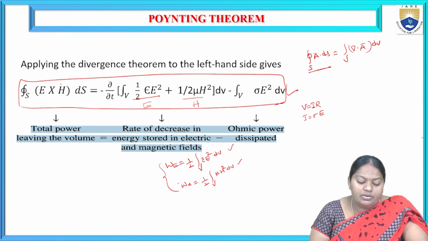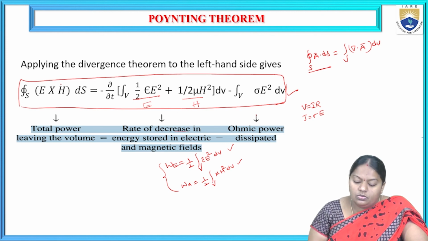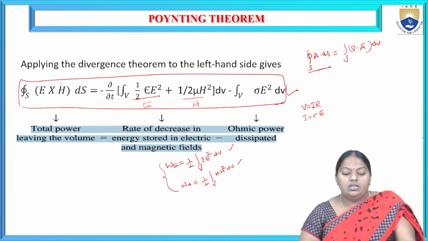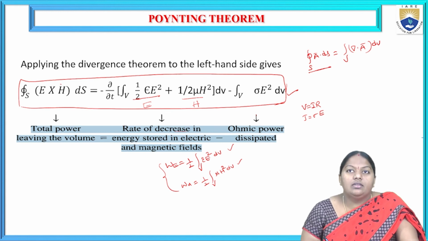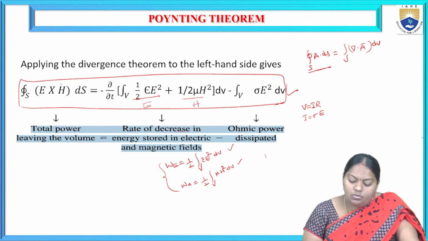and the statement for that is: total power leaving the volume is the same as the rate of decrease in the energy stored in electric as well as magnetic fields minus ohmic power dissipated, right? So this is the way we have derived the equation for the Poynting theorem. What we have learnt in this particular lecture is, firstly, the Poynting vector, that is P bar is expressed as E bar cross H bar.